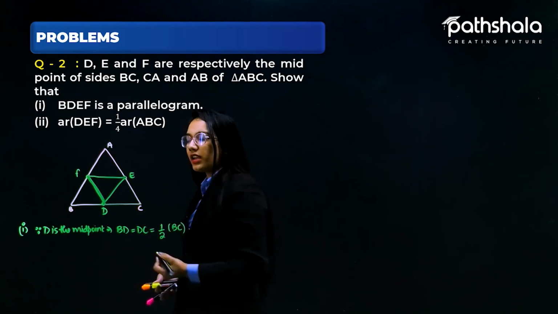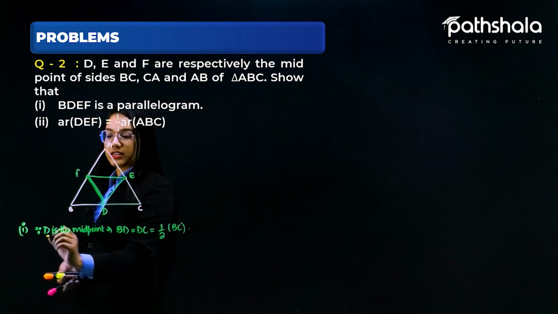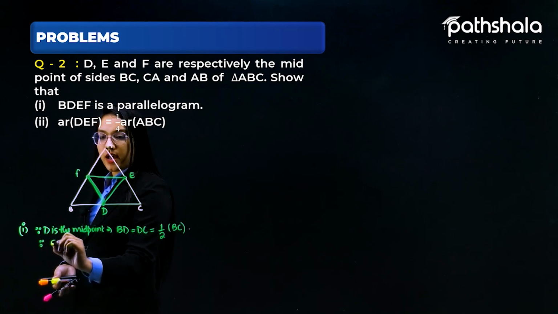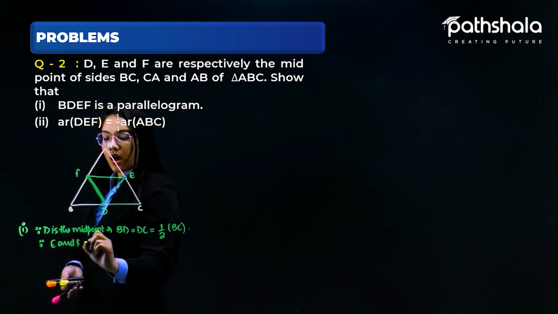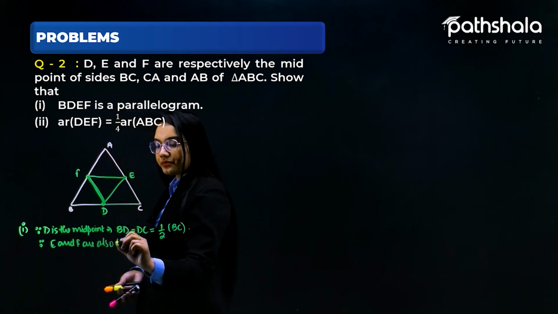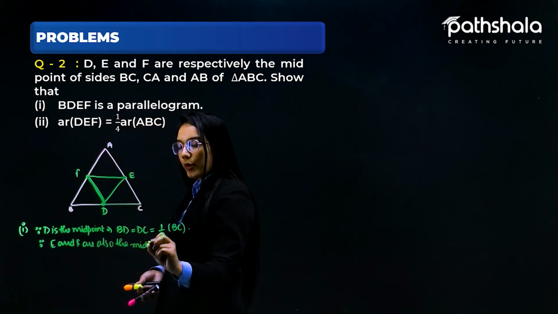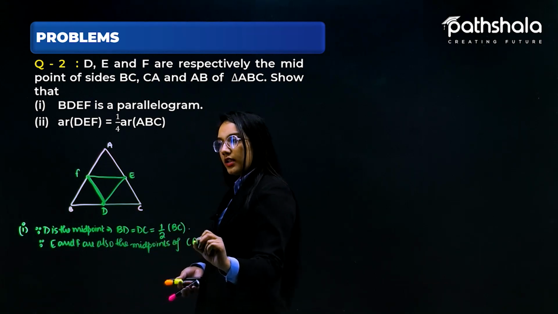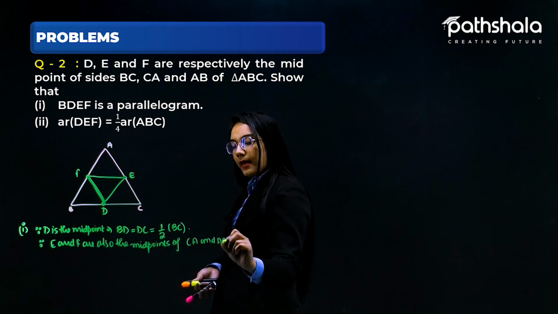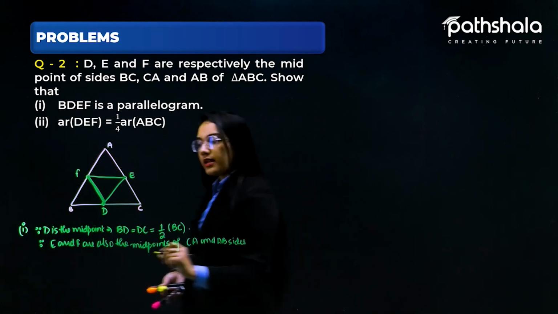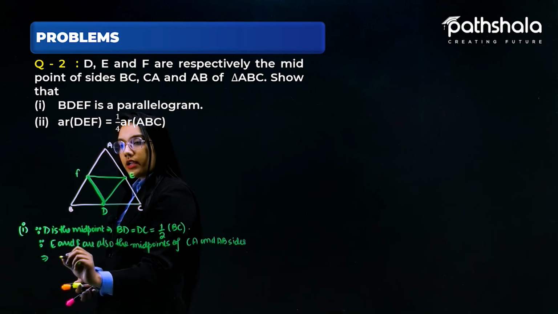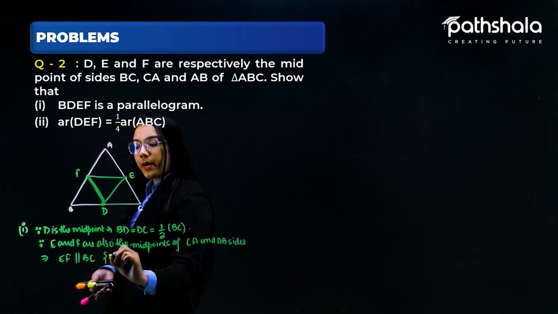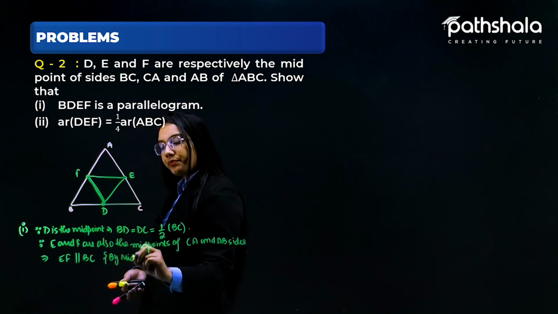And furthermore, since E and F are also the midpoints of the sides CA and AB, it implies that EF should be parallel to BC by the midpoint theorem.